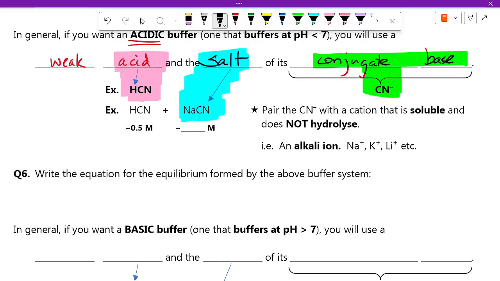And here's a hint, you're not going to put HCN plus NaCN. That won't get you there. You will need to put HCN on one side, and you'll need to put your weak base on the other side.